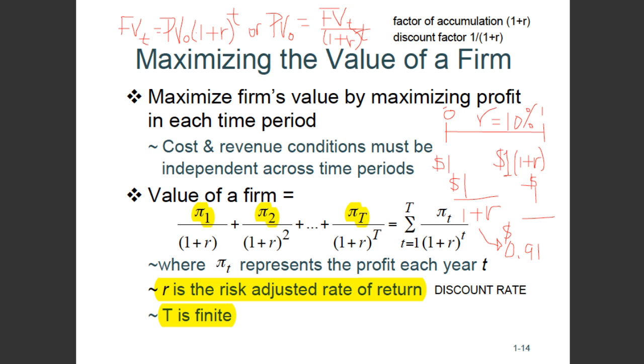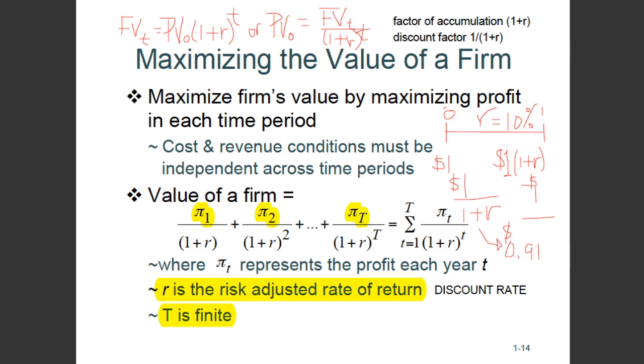I could borrow 91 cents for every $1 I'm planning to get, and borrow that money and do whatever I want with it. Because if I know $1 is coming to me in the future, I can pay back the 91 cents that I got today. I could pay it back because I'm getting $1.